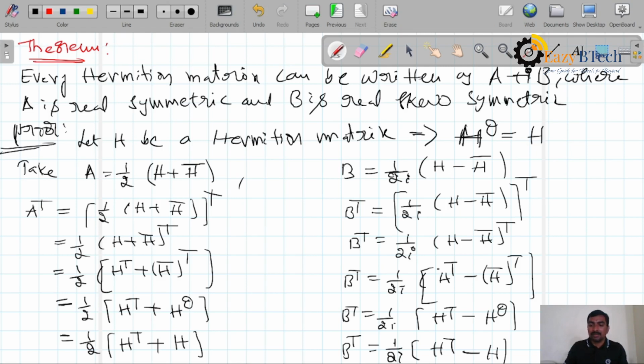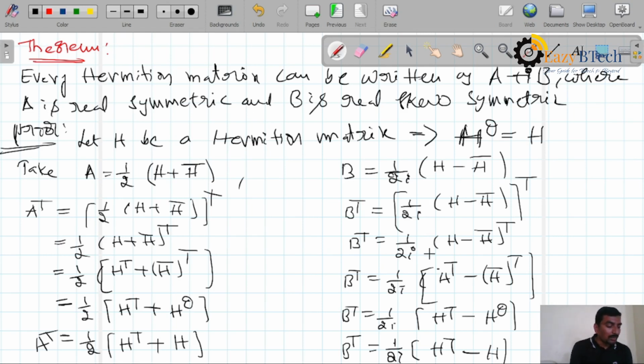So all of you observe here, A transpose equals 1 by 2 into H transpose plus H, and B transpose equals 1 by 2i into H transpose minus H.